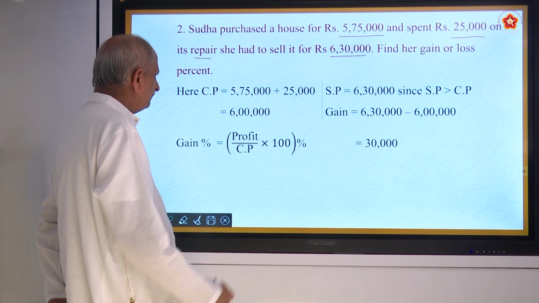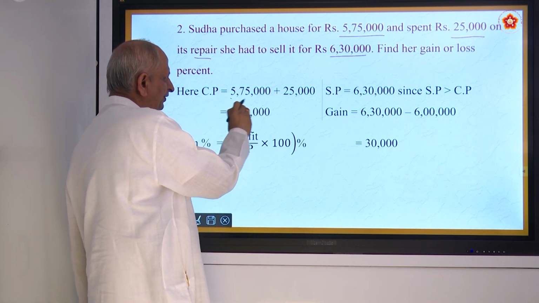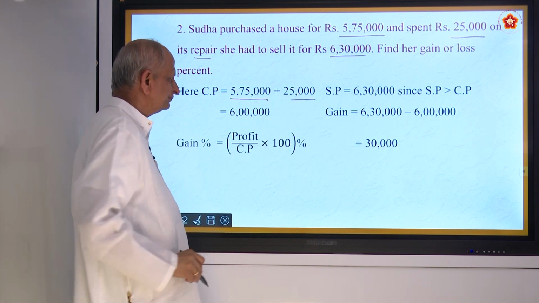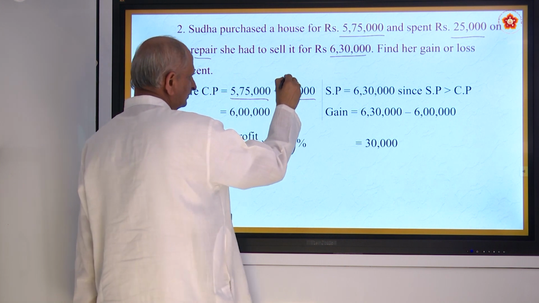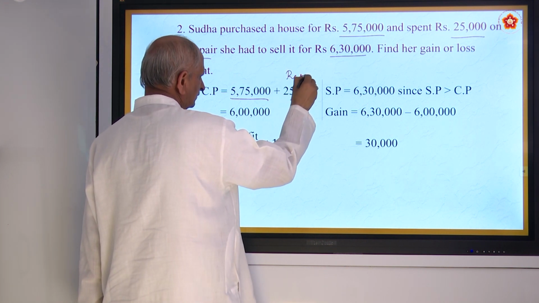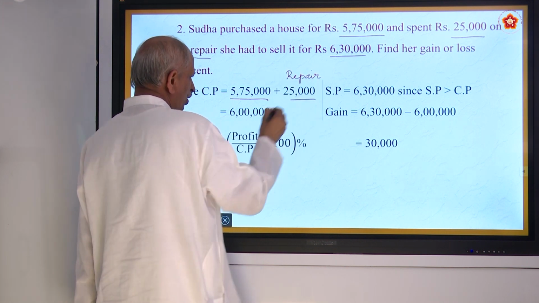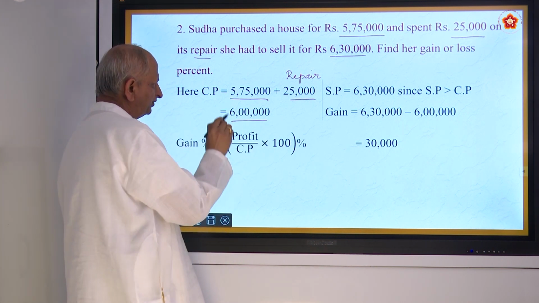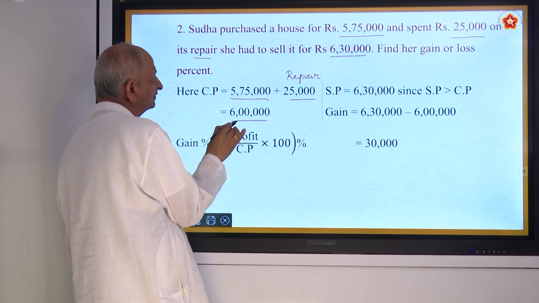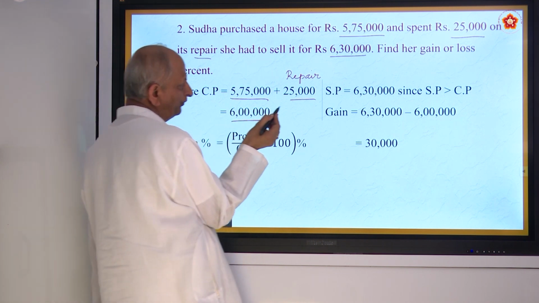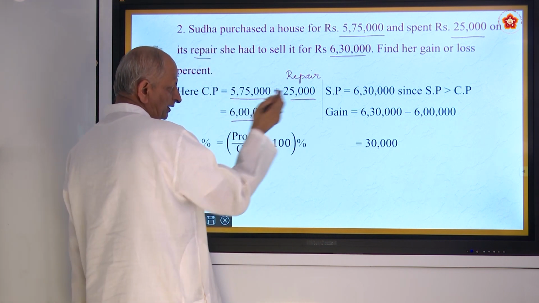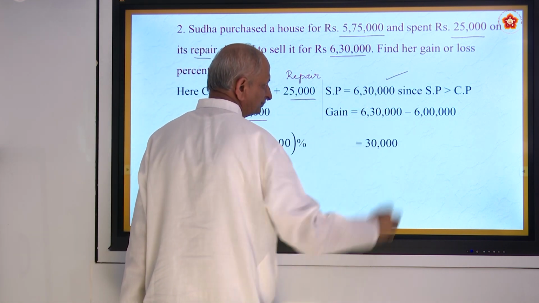So what you must do? So cost price will be 5,75,000 purchase rate plus repair cost. This is repair. That should be added now. The total it becomes 6 lakhs. The cost of the house is 6 lakhs and it was sold for 6,30,000, which is more. Selling price is more, right?